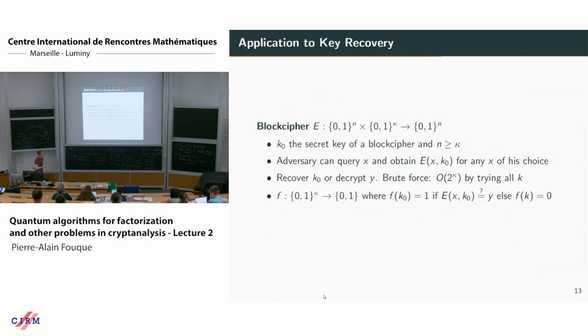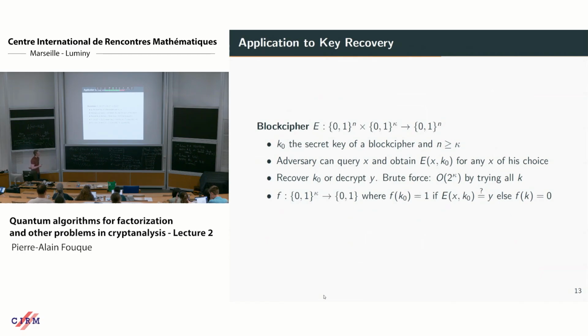Using the Grover algorithm, you can do something smarter. You can implement this function: f_K0 is equal to 1 if X is mapped to Y, and else the function is 0.